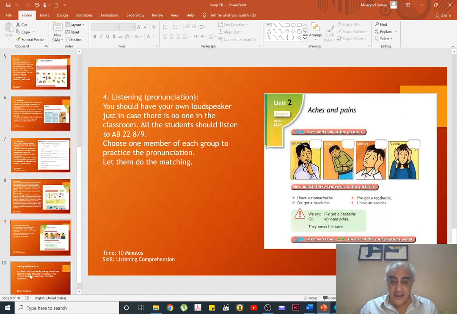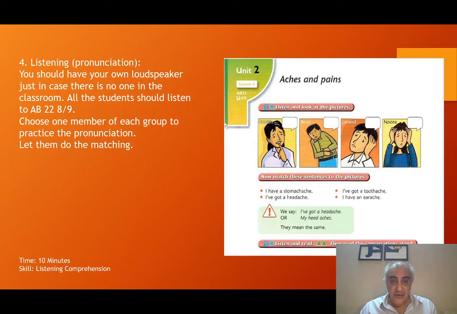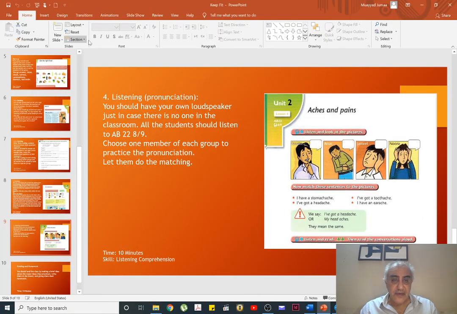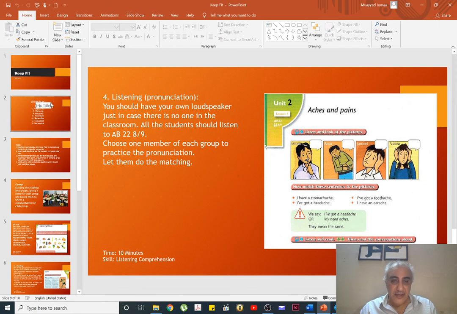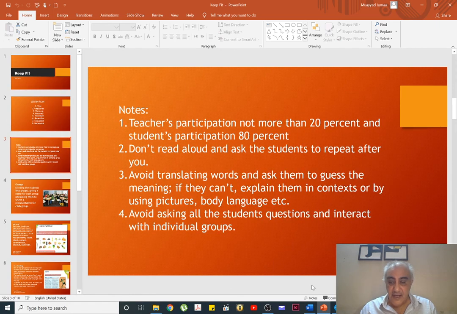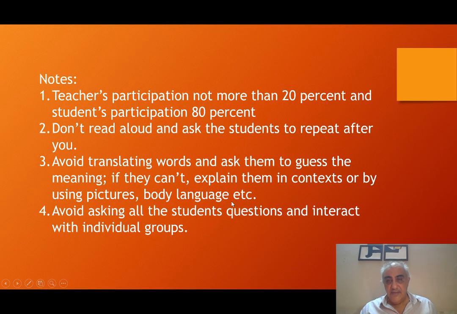Here, maybe you have some exceptions because we have some part related to listening, so you may do this, but try not to spend a lot of time doing this. Okay, you just spare some time. We're going to talk about this when we arrive to the listening part. Now, thirdly, avoid translating words and ask them.